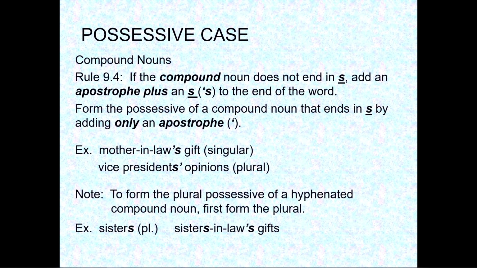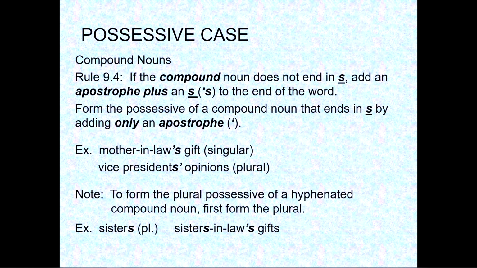Here we go, 9.4. If the compound noun does not end in S, add an apostrophe plus an S to the end of the word. Form the possessive of a compound noun that ends in S by adding only an apostrophe. Here we go. Singular, mother-in-law's gift. You only put it at the end.